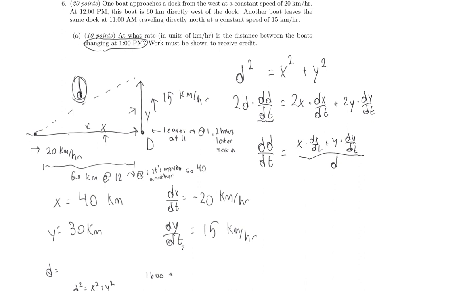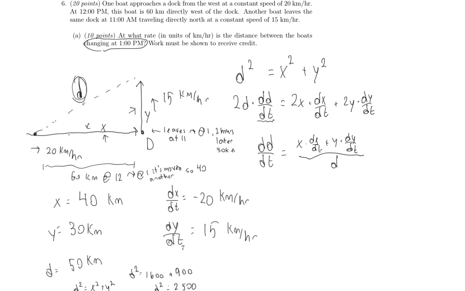And 30 squared is going to be 900. Yeah. So we add those together. That means that d squared is 2,500. And we take a square root of that. That is going to be 50.